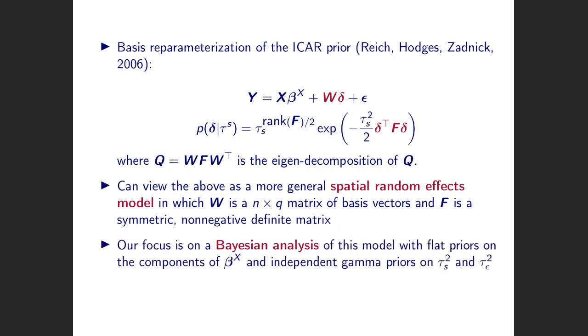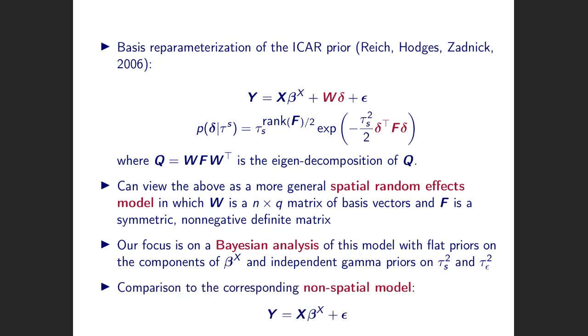And so we're going to remain in this framework and focus on a Bayesian analysis of this model. We'll specify flat priors on the components of beta x and independent gamma priors on the two precision parameters. In particular, we're going to be focusing on a comparison between models of this form and the corresponding non-spatial model, which just has this spatial random effect term omitted.